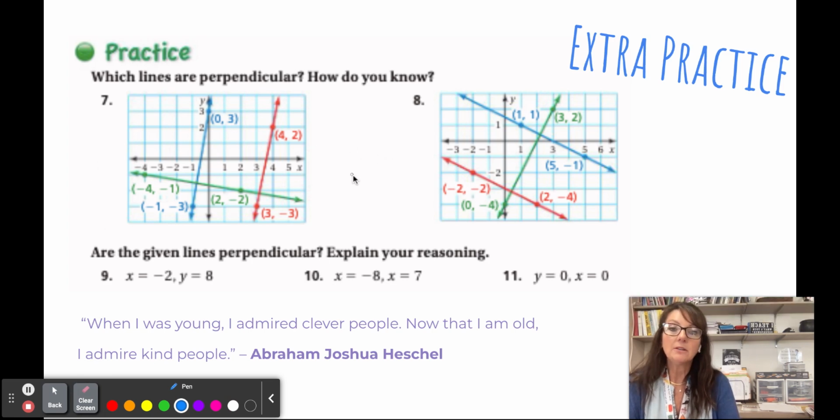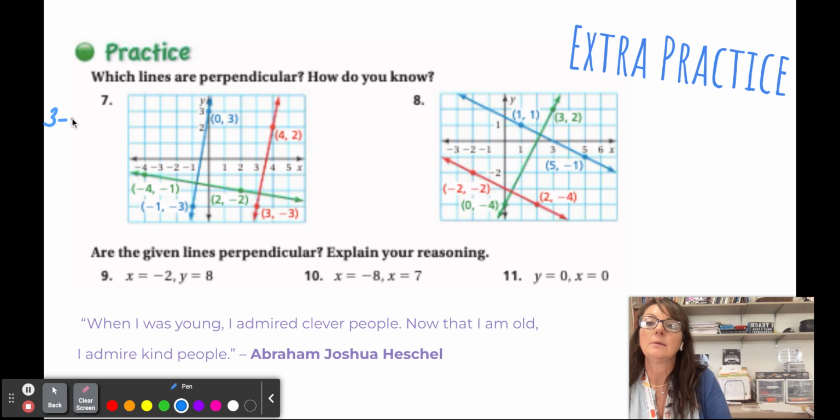Moving on to the perpendicular lines, again, we need to calculate. So the blue line right here has the points 0, 3 and -1, -3. So I can calculate the slope of the blue as 3 minus -3. Those are the change in the y coordinates, this y and this y. So 0 minus -1.